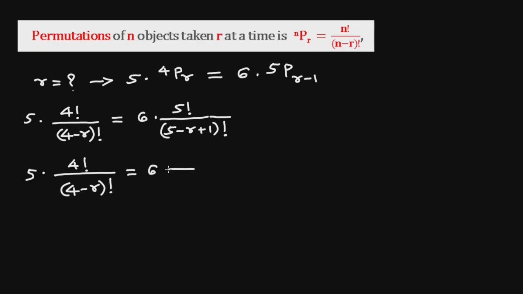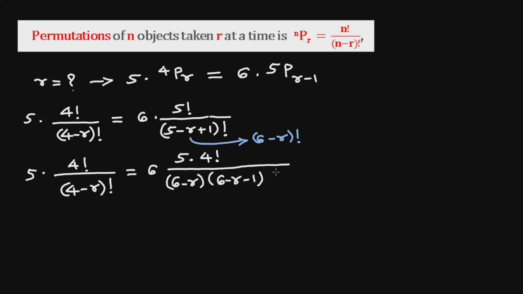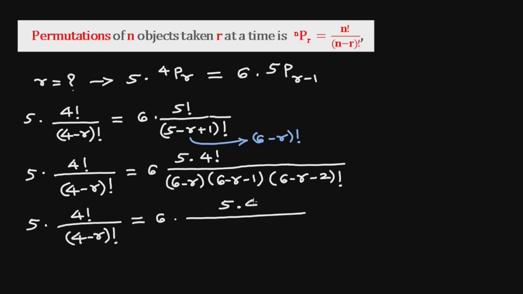We write 5 factorial as 5 into 4 factorial, and 6 minus r factorial as 6 minus r into 5 minus r into 4 minus r factorial. This will be 5 into 4 factorial upon 4 minus r factorial equals 6 into 5 into 4 factorial upon 6 minus r into 5 minus r into 4 minus r factorial.